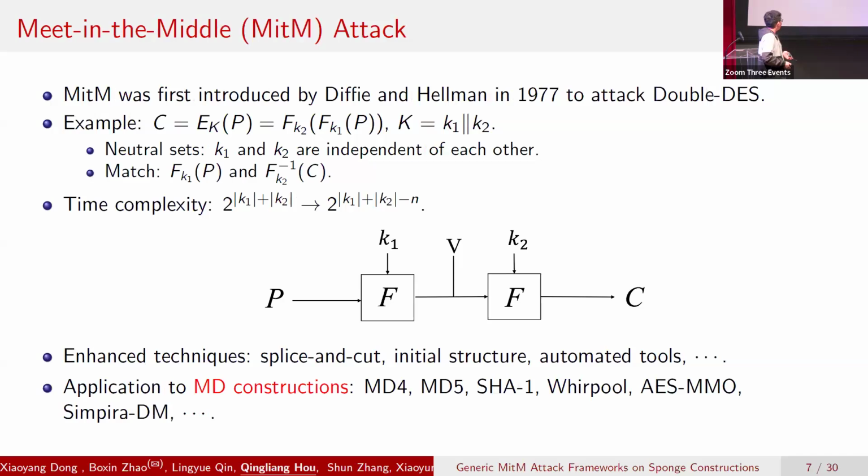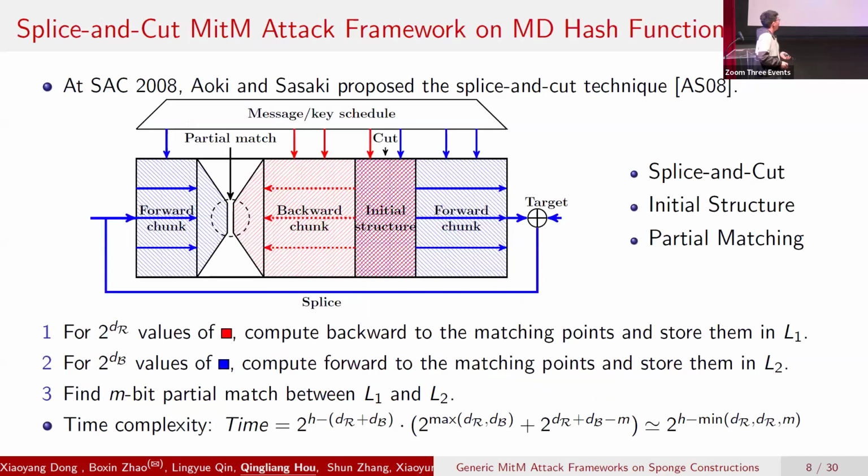In the last decades, a lot of enhanced techniques have been proposed to improve the power of meet-in-the-middle, and it has been widely applied to the cryptanalysis of both ciphers and hash functions. Most previous meet-in-the-middle attacks mainly targeted the so-called Merkle-Damgård hash constructions, and with a feed-forward mechanism, it forms a closed computation path.